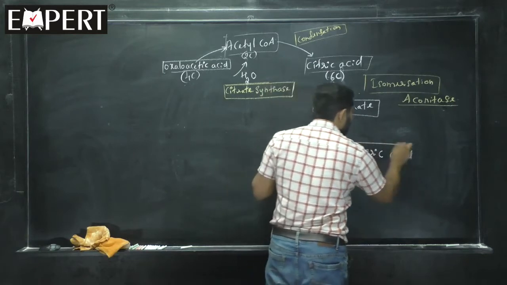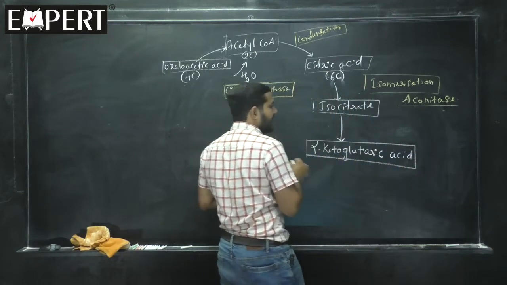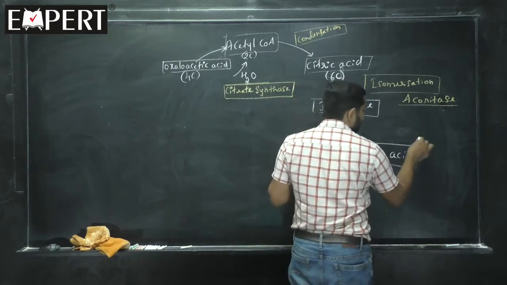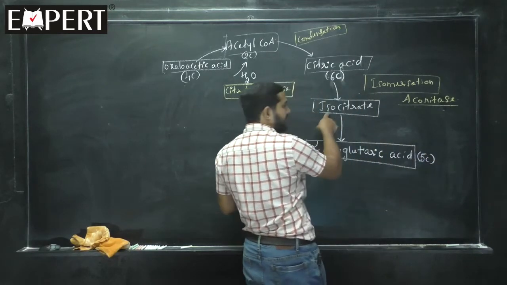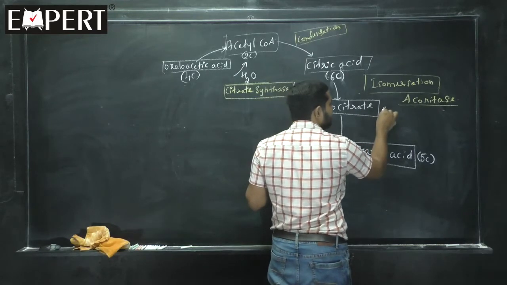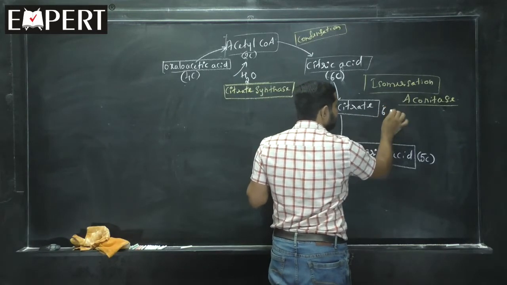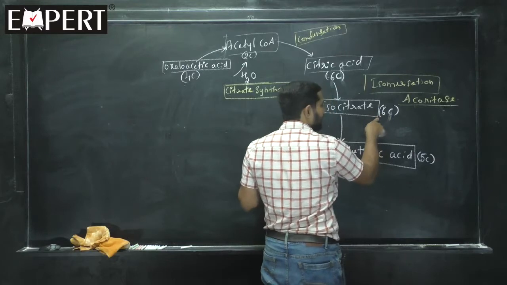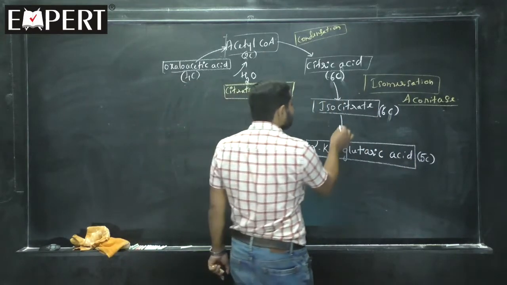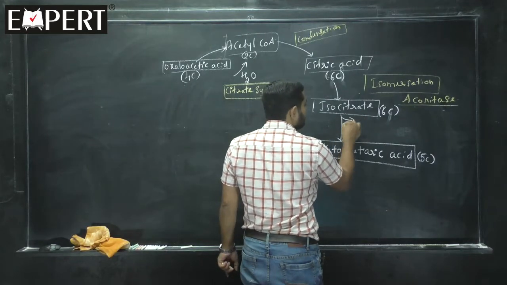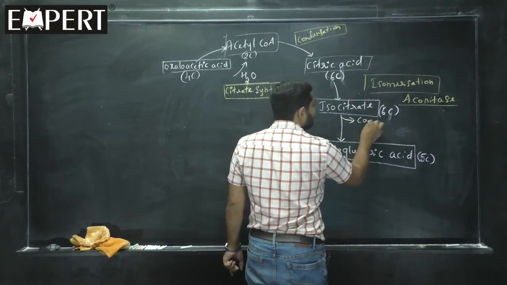The alpha ketoglutaric acid has 5 carbons. Then how many carbons in isocitrate? It has 6 carbons. That means 6 carbons in this molecule, and here is a 5-carbon molecule. That means 1 carbon is lost. That means there is a decarboxylation. Yes, carbon dioxide is lost.